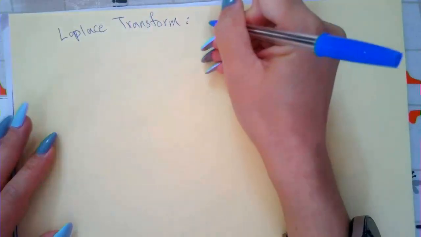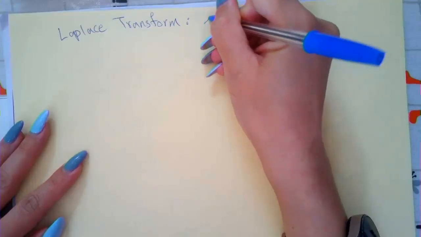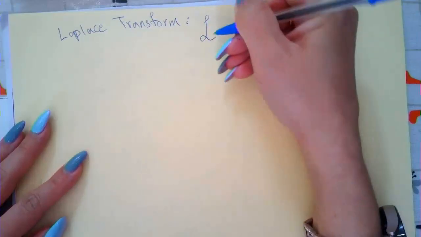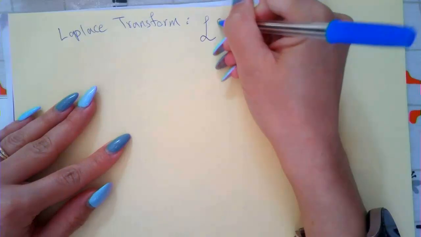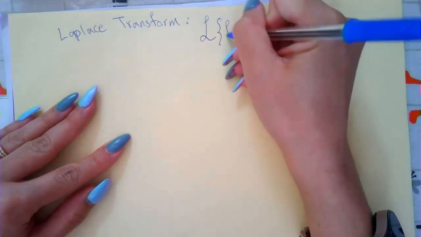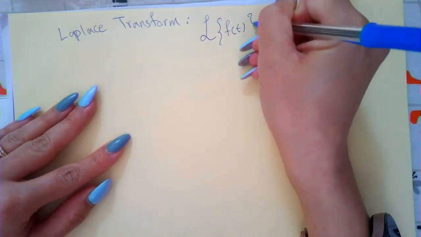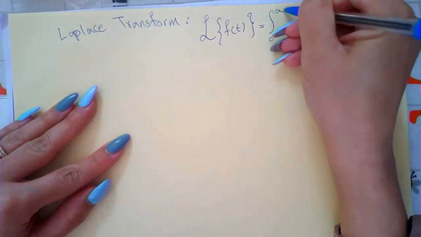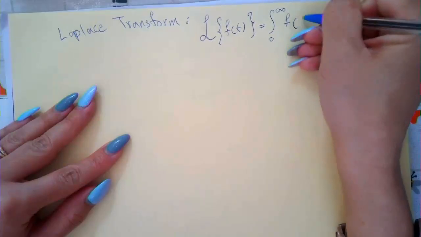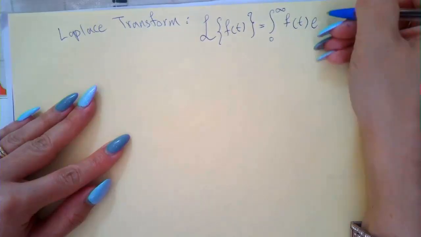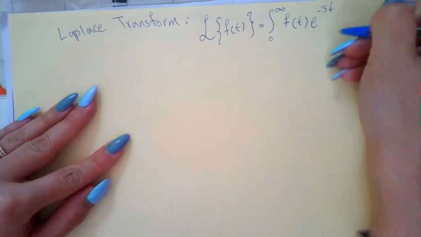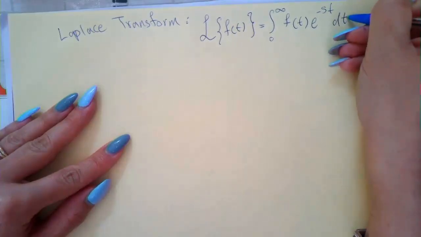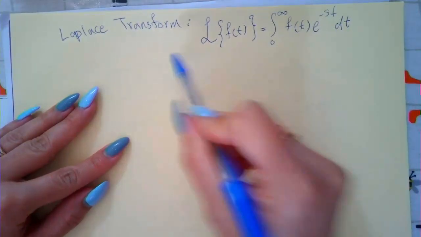Okay, we show it with this cursive L and then curly bracket f of t, is equal to the integral from 0 to infinity of f of t times exponential of minus st, with respect to t, right? So what's happening here?